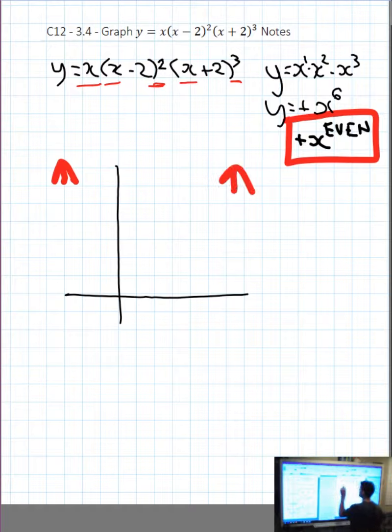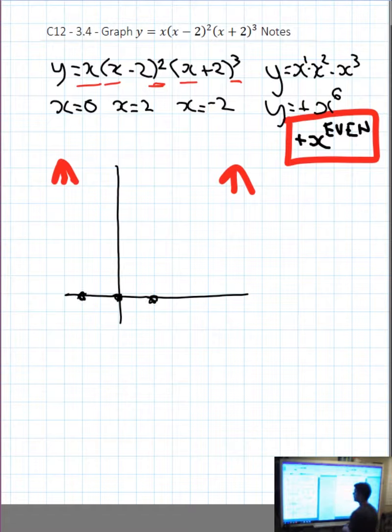Then if I set each of my factors equal to 0 for my x-intercepts, I get x equals 0, x equals 2, and x equals -2. And I can put those points on the graph at 0, 2, and -2. And then I want to mark my behavior.